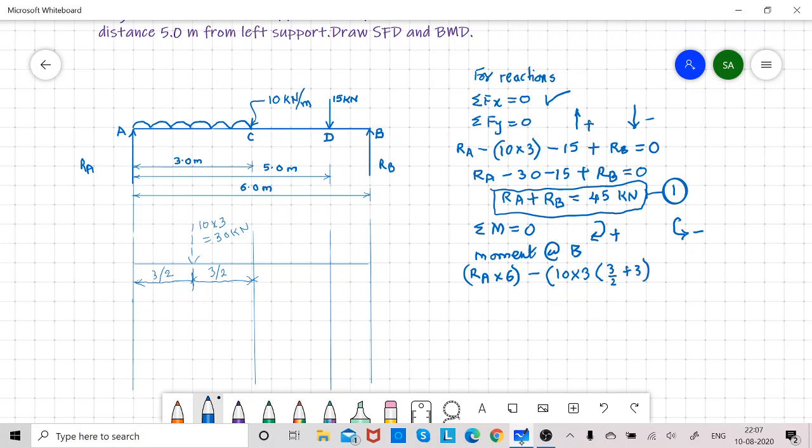See, 3 by 2. We are taking moment about B. So 3 by 2 and this distance is 3. So total is 4.5 in this case.